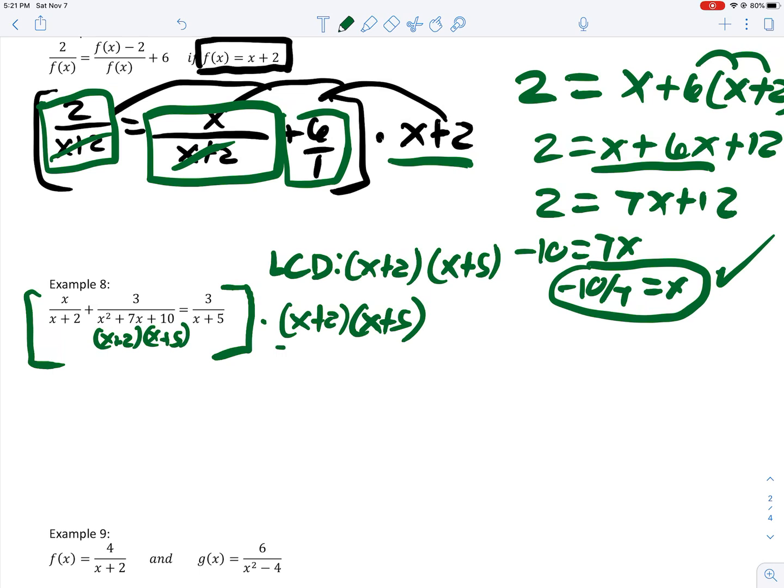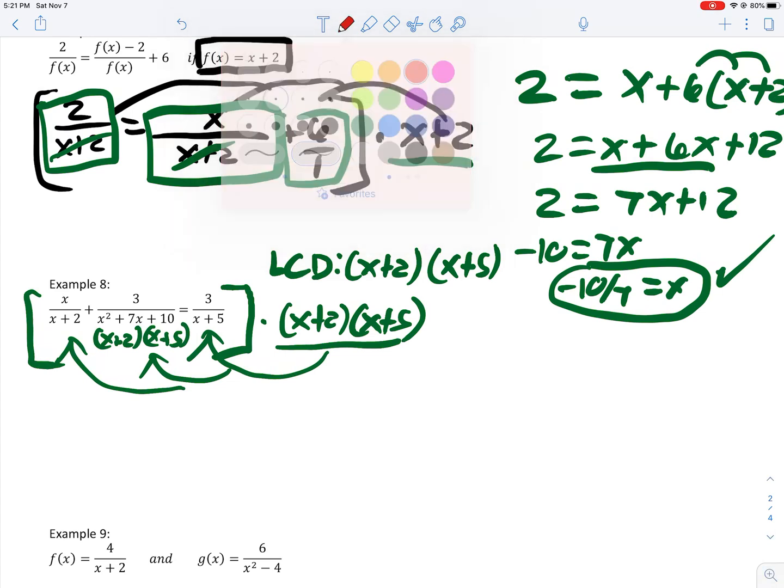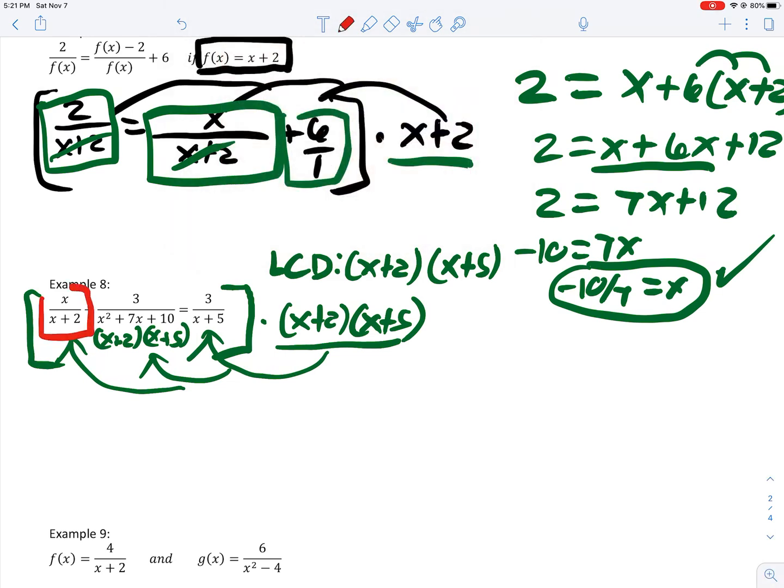So multiply this by the first fraction, the second fraction, and the third fraction. And that's going to reduce all my fractions. So doing the first fraction times my x plus 2, x plus 5, right? The x plus 2's would reduce. So all you would have is x times x plus 5.